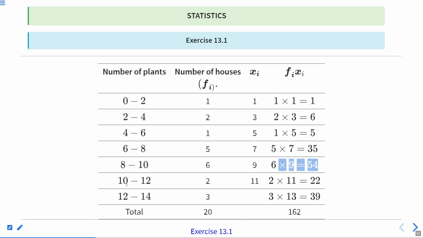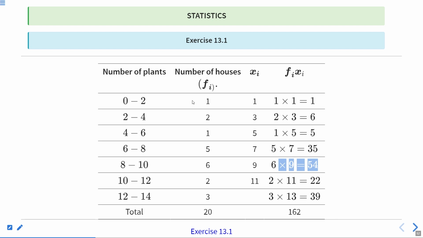For the class interval 10 to 12, the number of houses is 2, xi is 11, and fi xi is 2 into 11, that is 22. And for 12 to 14, the number of houses is 3, and the class mark xi is 12 plus 14 divided by 2, that is equal to 13. So fi xi is 3 into 13, that is 39.